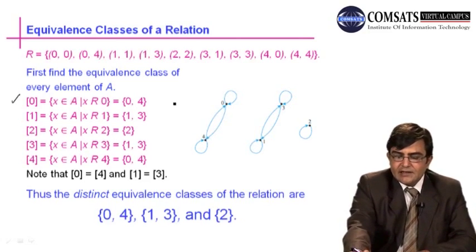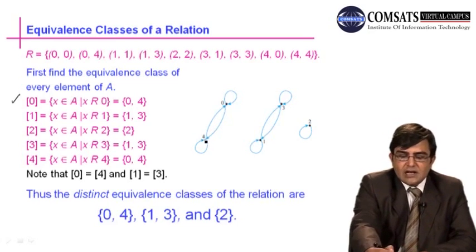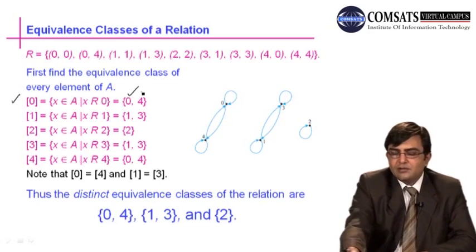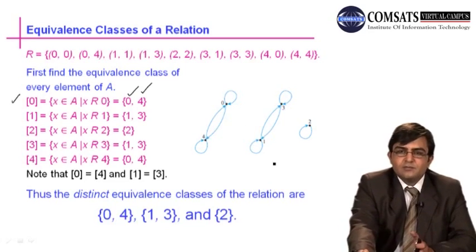Now we can see that 0 is related to 0, 0 is related to 4, and 4 is related to 0. So the only elements related to 0 are 0 and 4. So this class contains 0 and 4 because no other element is related to 0.